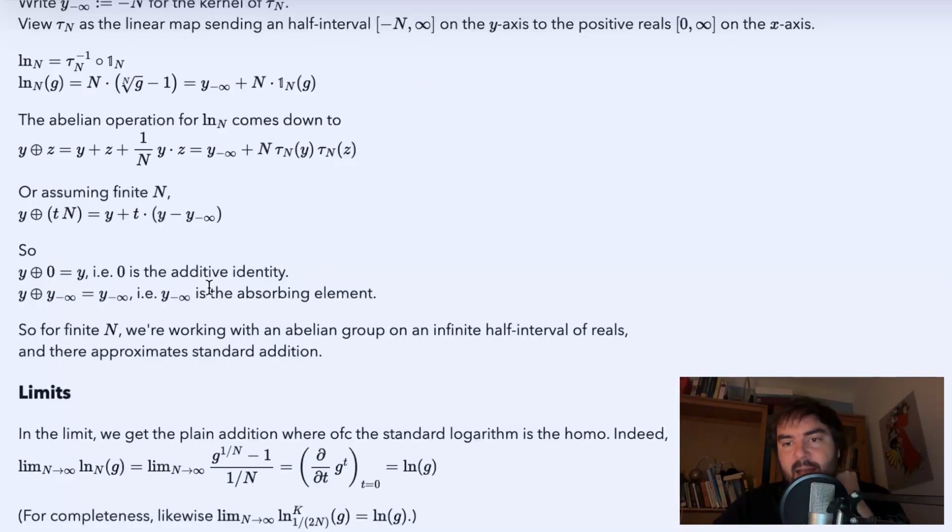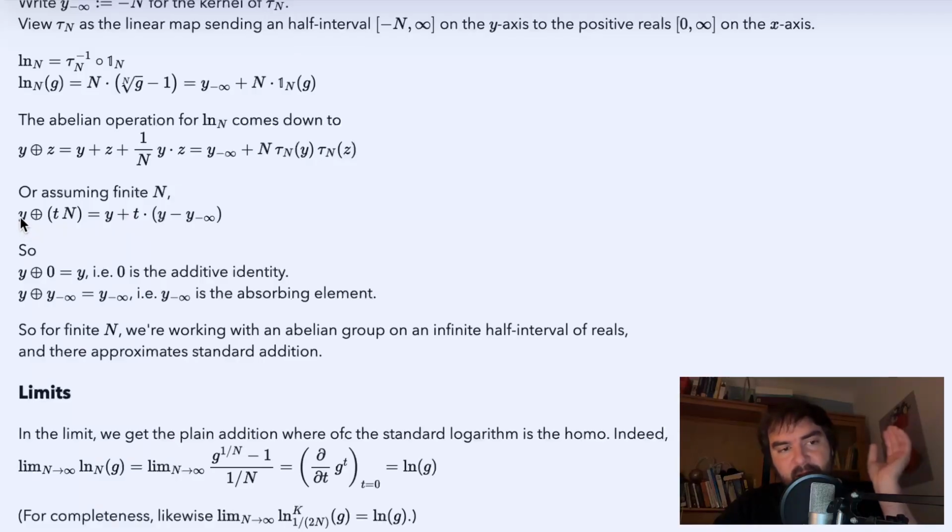But unlike the addition on just the real numbers, this addition has an absorbing element, right? If you plug in minus n, then this is like adding y plus t equals minus 1 times n. Oh no, the other way around.